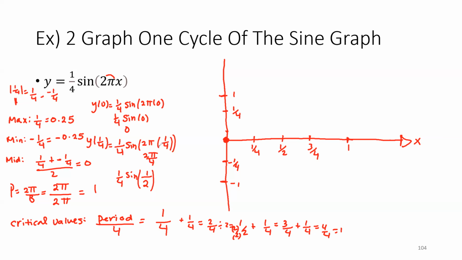Let me double check my work. Oh, no, so we're missing the pi, so pi over 2, right? Because 2 pi over 4 can be reduced by 2, so that would be pi over 2. So what is the sin of pi over 2? It is 1. And then you have to times it by 1/4, so that is 1/4.